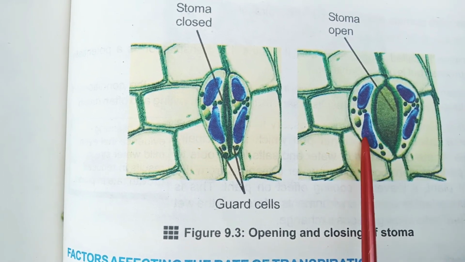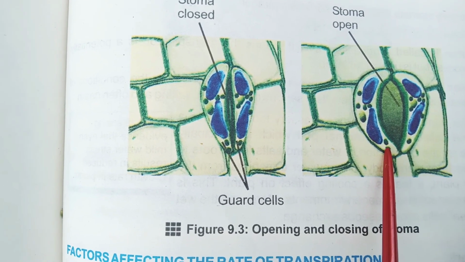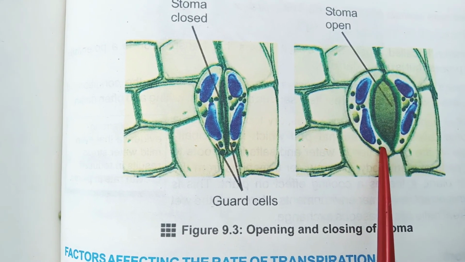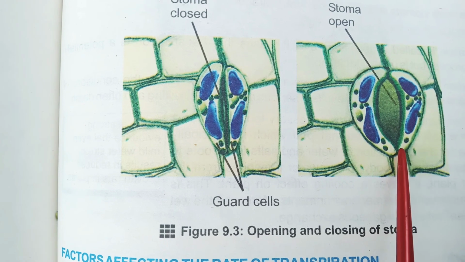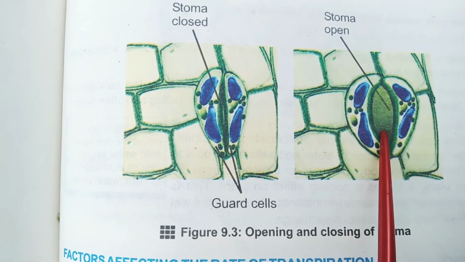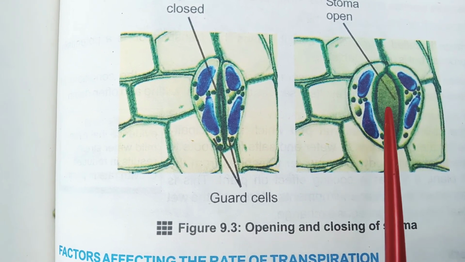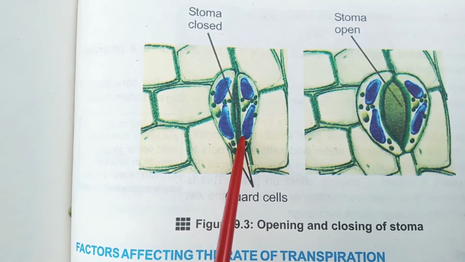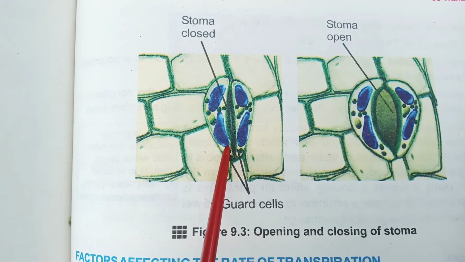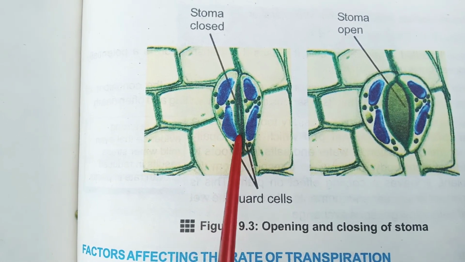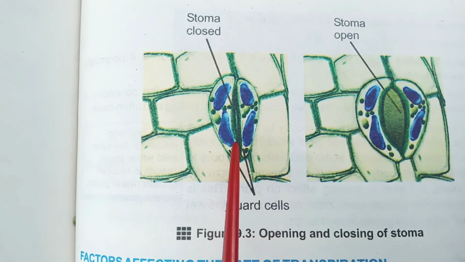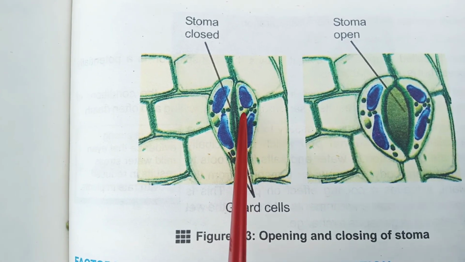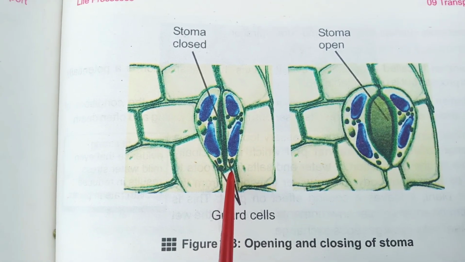When these guard cells get water and become turgid, their shapes are like two beans, and the stoma between them opens. When guard cells lose water, they become flaccid. Their inner sides touch each other and stoma closes. So inner sides of these guard cells are touching each other.